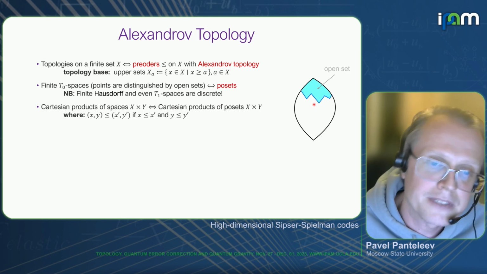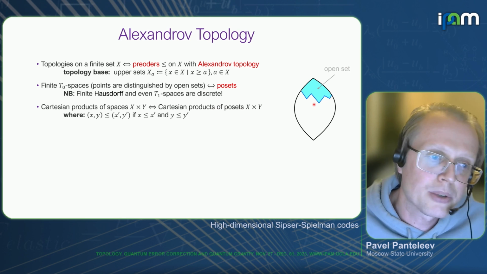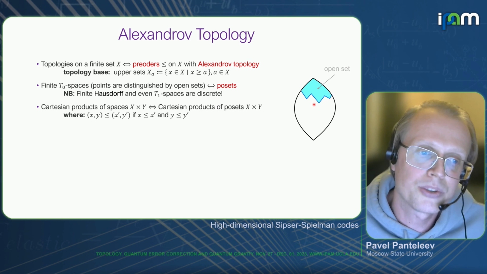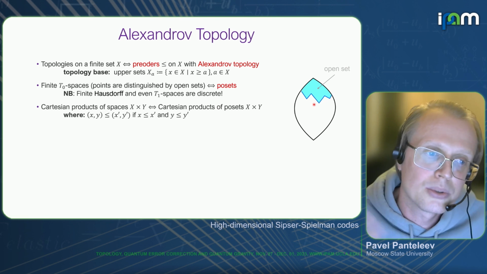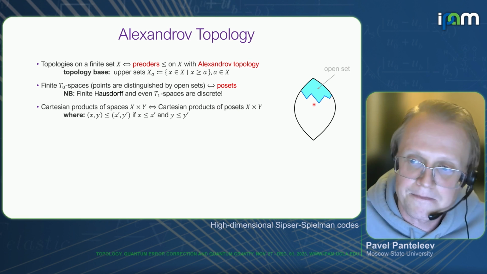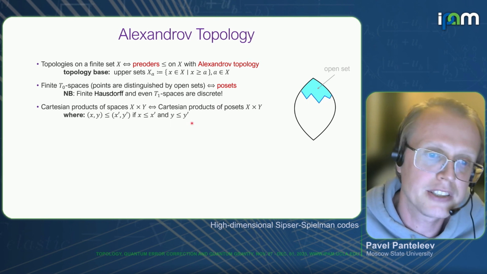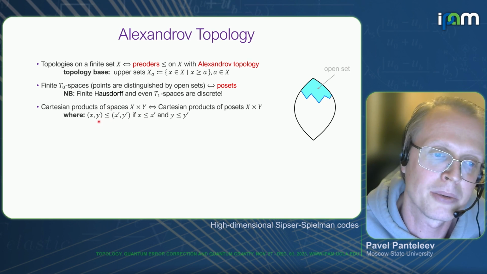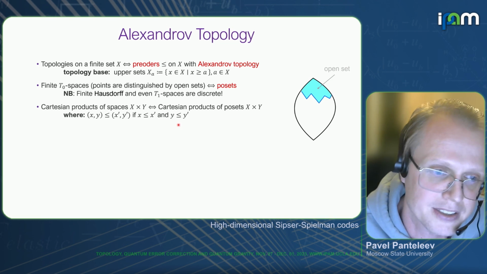It is a very cool idea, because you can naturally define and extend all the ideas from topology to these settings. For example, the Cartesian product of spaces is exactly what is called the Cartesian product of posets.